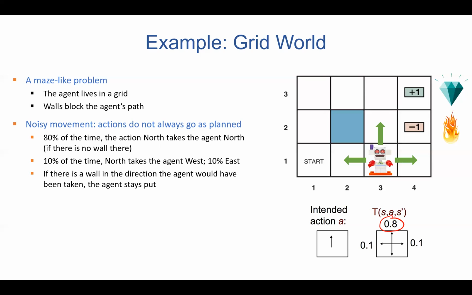Something like this. You see here, the agent is planning on moving north. Okay, moving north. In search problems, what we did was expand the north node, and there's 100% probability that we are going to get to the north state.